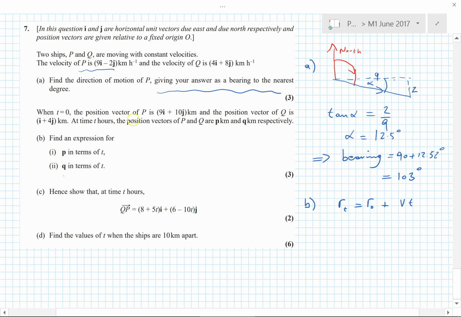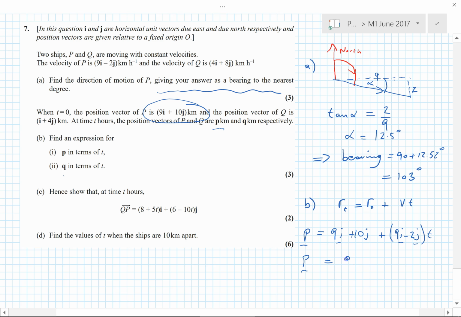So they've said that the position vector, we're calling it p at time t, is equal to the initial position vector, which is this one here, 9i plus 10j, plus the velocity, and the velocity of P is this here, 9i minus 2j, times t.